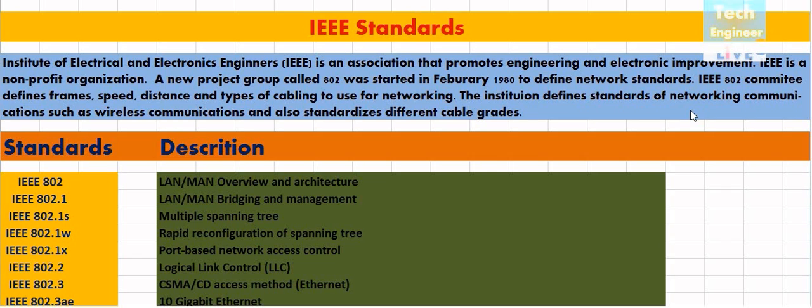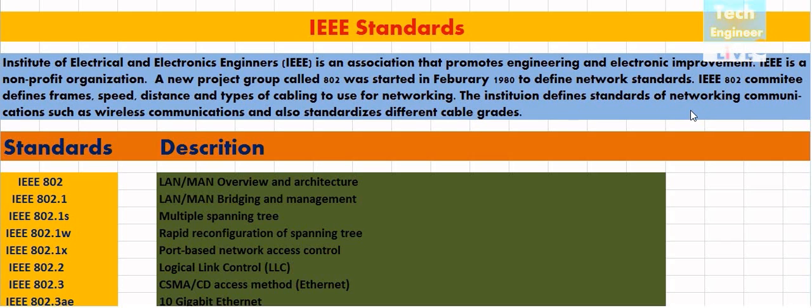Since technology keeps increasing and improving, the definitions of frames, speed, distance, and types of cabling require updating. Nowadays cables and old era cables are almost different. The speed, distance, and type are different.